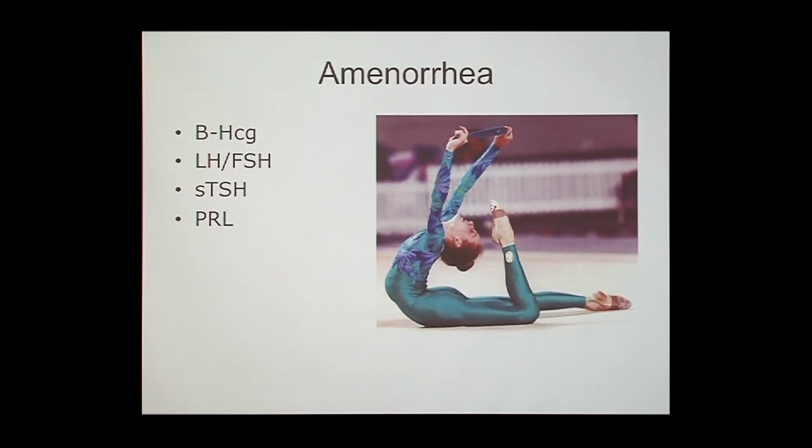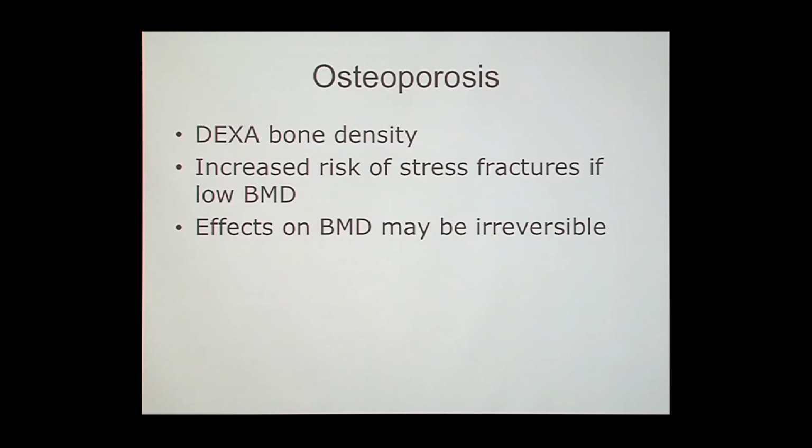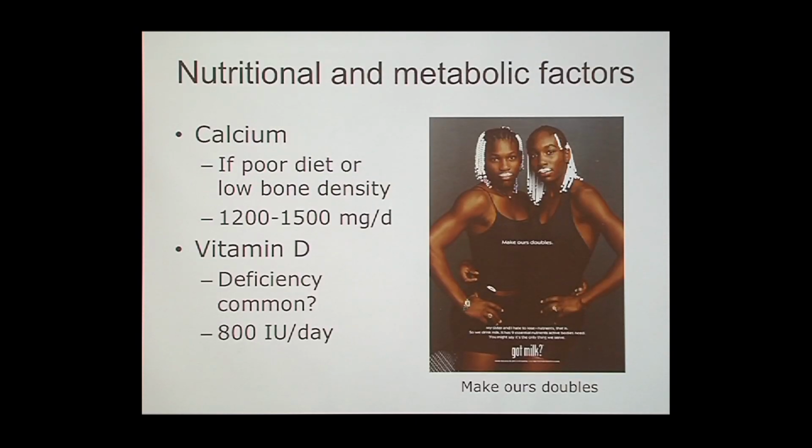And so how we check it out, we check their hormone levels. We might check for osteoporosis. And then we talk about their diet. We talk about little things, going back to some of the risk factors. Don't forget about simple things like your vitamin D and calcium intake. It's very important.